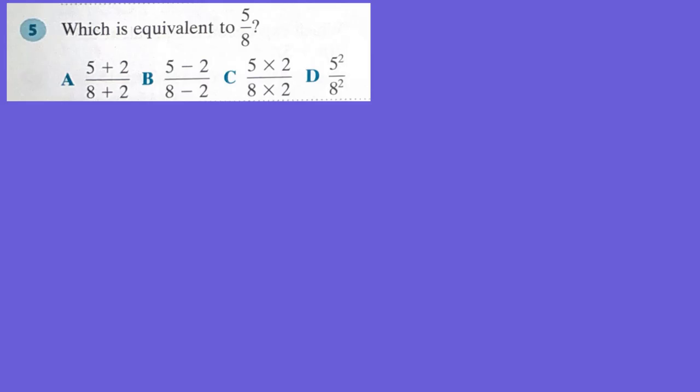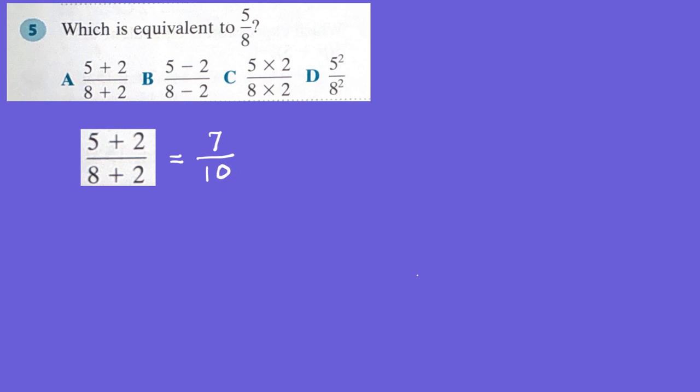Well, here we just want an equivalent number to 5 over 8. So let's bring down each one individually. The first option: 5 plus 2 is 7 and 8 plus 2 is 10. So that's not the answer. Let's try now B. 5 minus 2 is 3 and 8 minus 2 is 6.